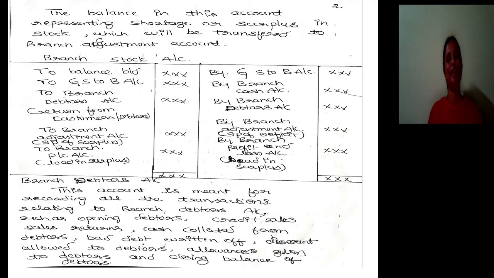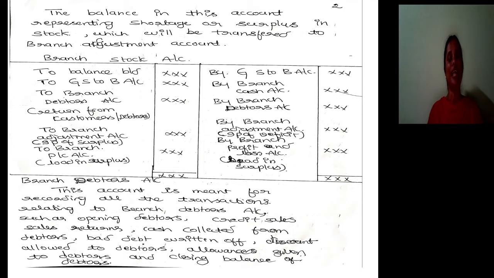On the credit side, we have goods returned by branch, cash sales, and credit sales. We need to show the deficit in branch stock, that is the invoice price of deficit and loading in deficit. It was written as surplus; write it as loading in deficit.